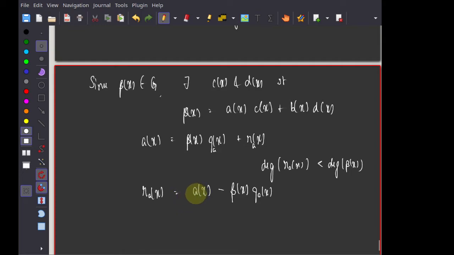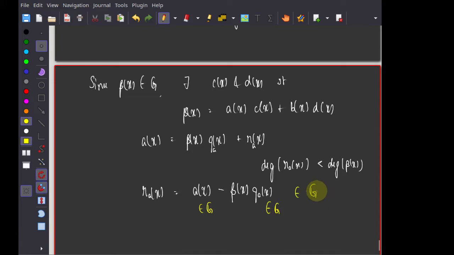All right, but what do I know? a(x) is in G, and beta(x) is in G. So beta(x) times qa(x) is also in G. So this term is in G, and G is a group, so this whole term is also in G. So ra(x) is also in G. The remainder should be in G.